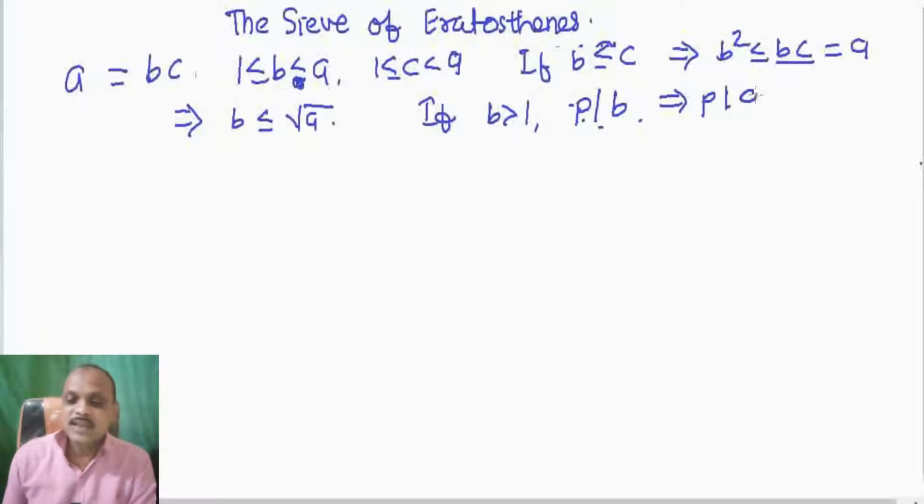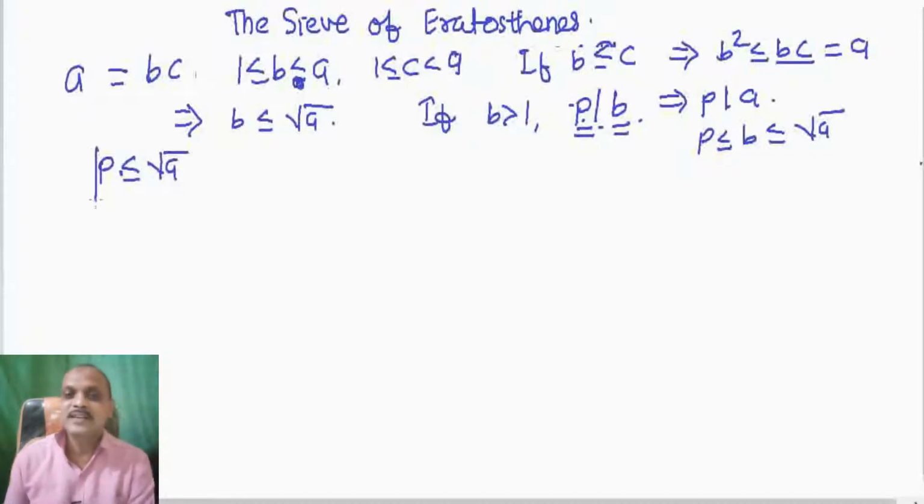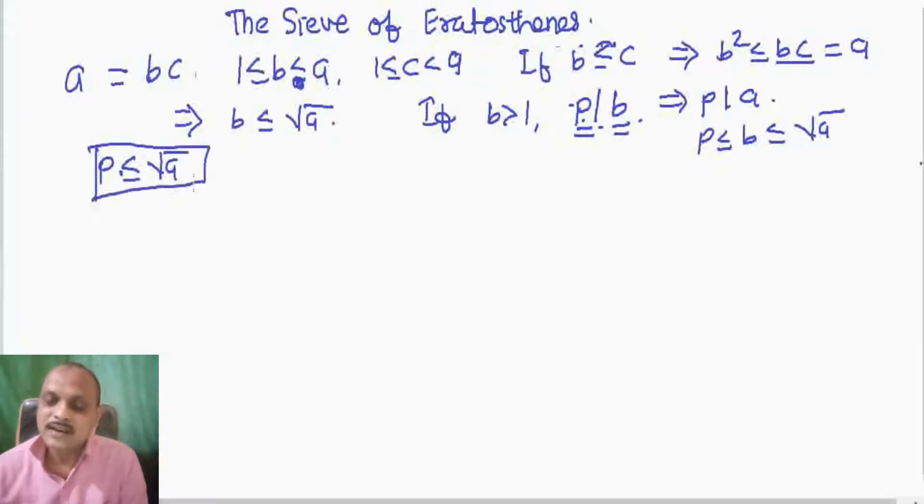But p is a prime number and a divisor of b, so obviously p is less than or equal to b, and b is less than or equal to the square root of a. What do we get then? This p is less than or equal to the square root of a. This is an important fact regarding any number.